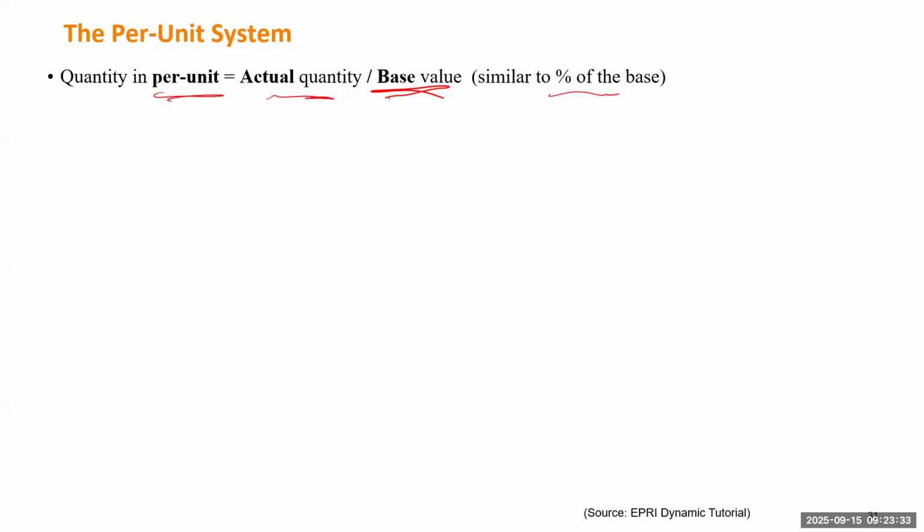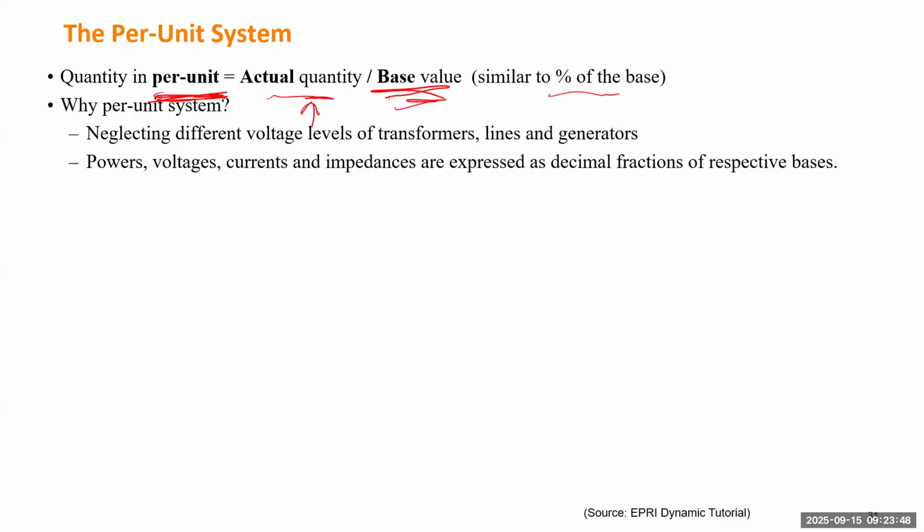Definitely after you finish the calculation, you still need to multiply the per unit value by the base value to get the actual quantity. But that's only the last step. So before the last step, you'll be fine to use the per unit value through the entire calculation. By using per unit values, we can neglect different voltage level transformers, lines, and generators.